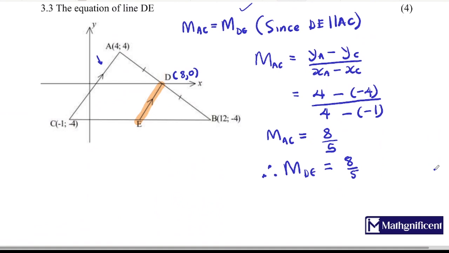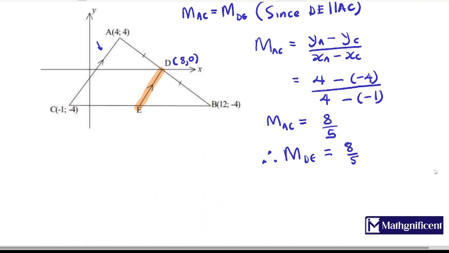We now have 1 point, right? There's a formula that we normally use when we have 1 point and the gradient. To find the equation, we say that y minus y1 is equal to m times (x minus x1), right?